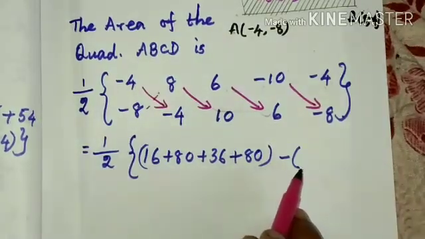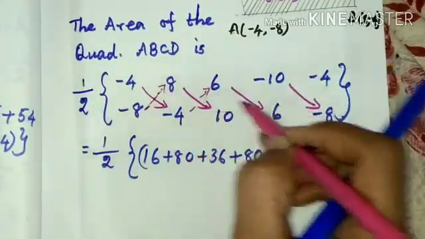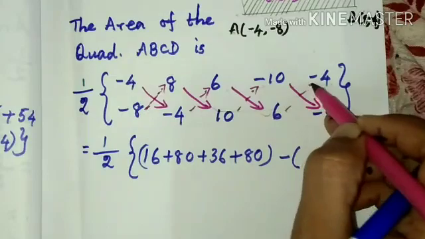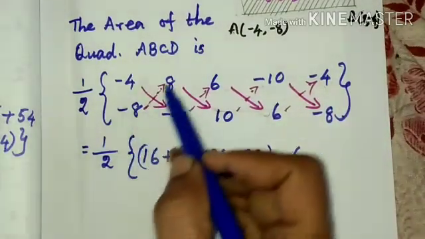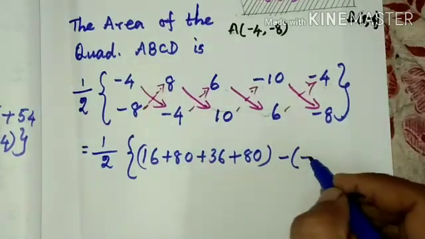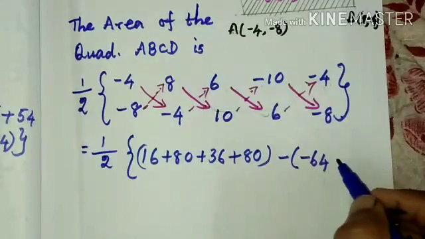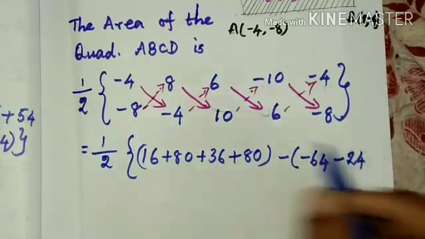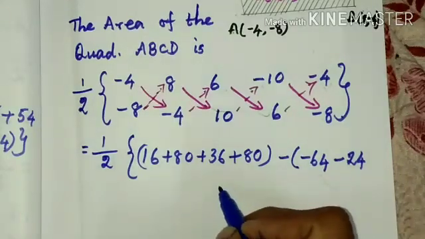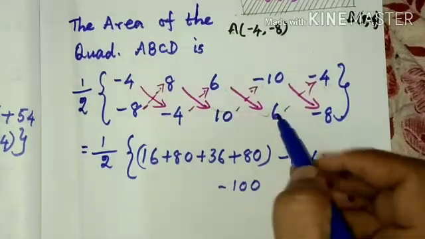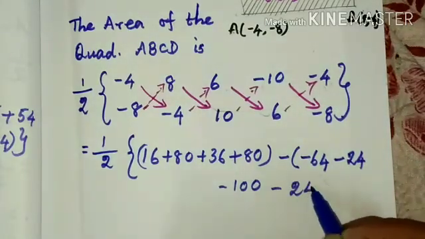Minus of, now you have to multiply from bottom to top. Then we get -8 into 8 is -64, -4 into 6 is -24, 10 into -10 we get -100, then 6 into -4 we get -24.